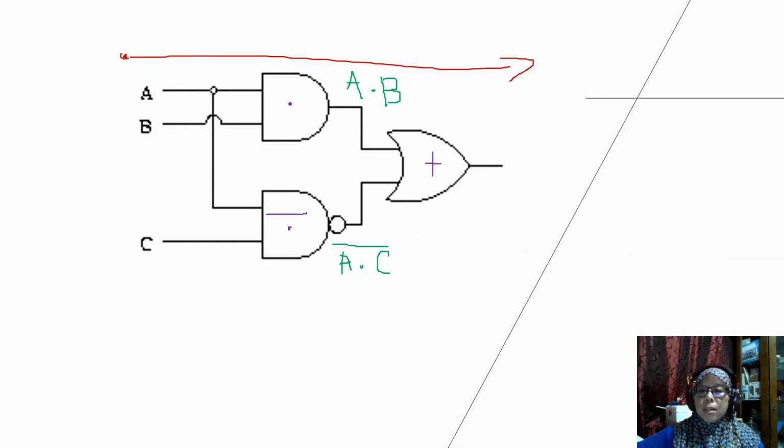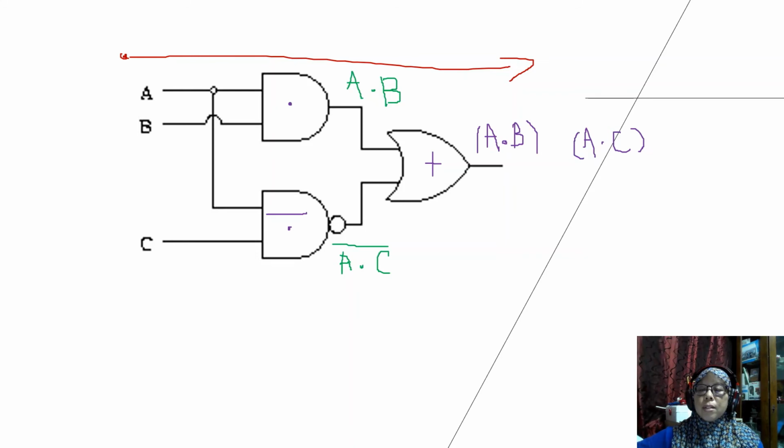So saya akan tulis dalam purple color. So the first one adalah A and B. Okay. Kenapa saya kurungkan? Kerana ia berlaku terlebih dahulu. Okay, so your second input adalah A and C not.